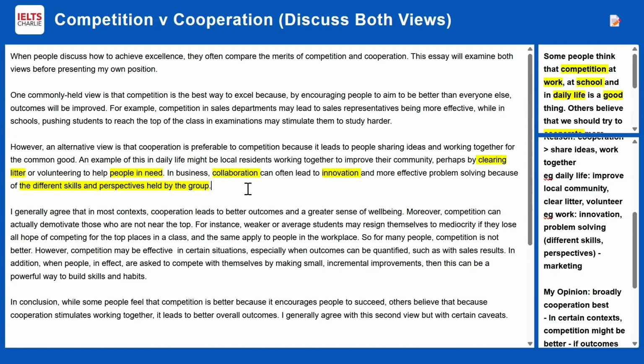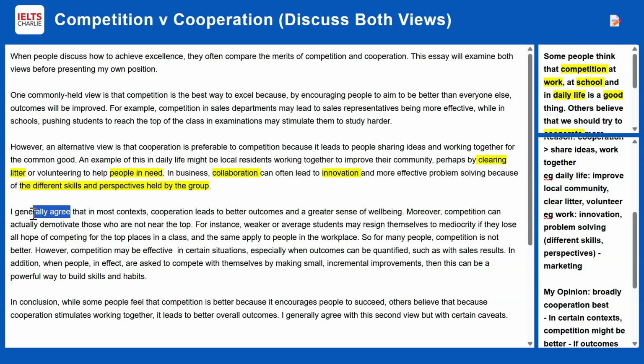If you can write structures like these, then it's going to impress the examiner, get you a higher band score for both lexical resource and grammatical range and accuracy. This phrase here essentially is taking the place of a single noun.